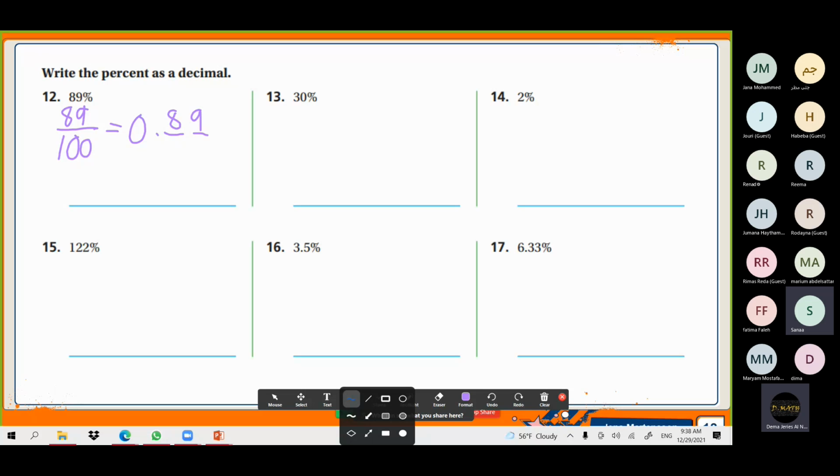Okay. So it will be 30%. It will be 0.30. Bravo. 0.30, or you can say 0.3. And here, don't forget, it is 30 over 100. Cancel the 0, so it will be 0.3.